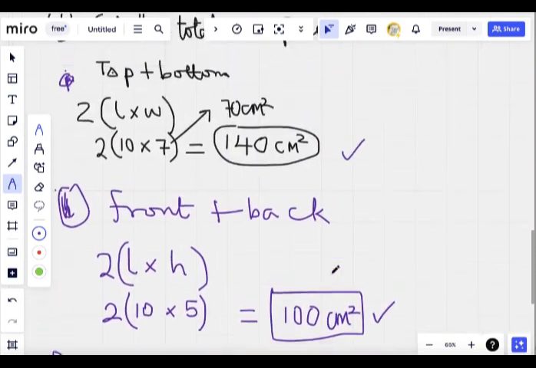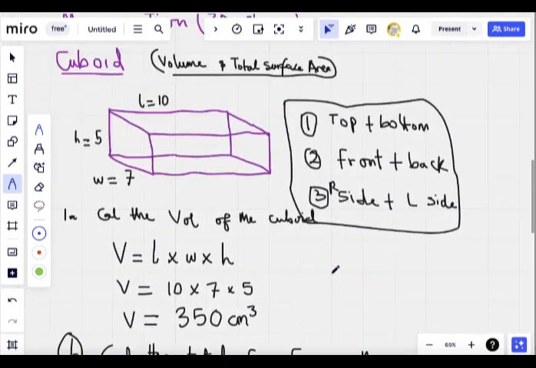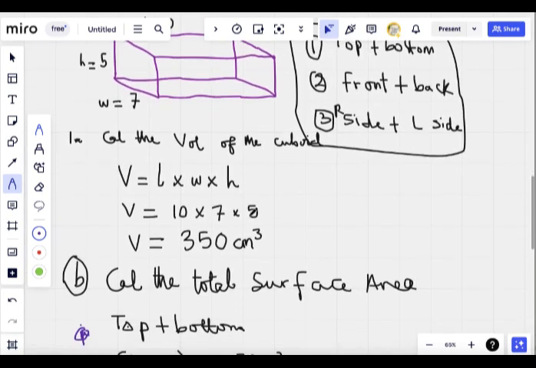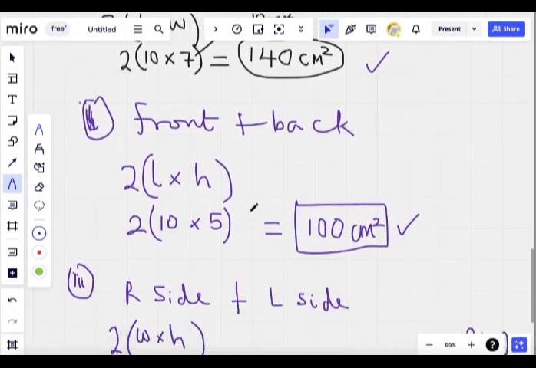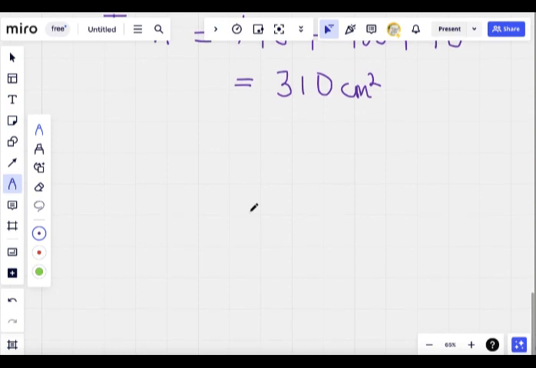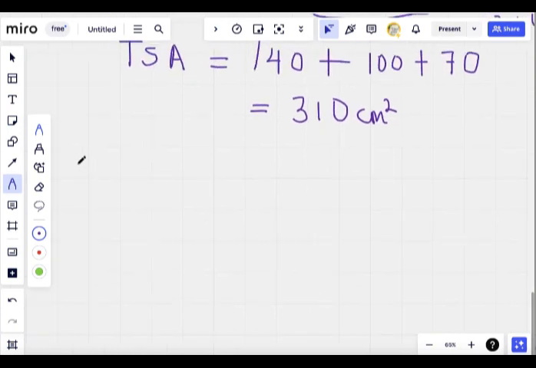If the question gives us a cuboid and asks us to find the volume and also asks us to find the total surface area. Now before I move on, let's take a cube. In the case of a cube, the problem is easier. Question number 2. If this was a cube, all sides would be equal.